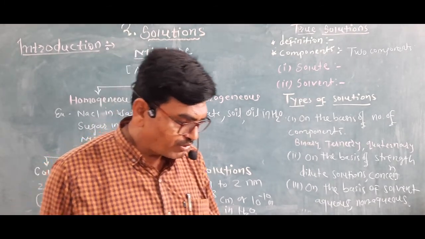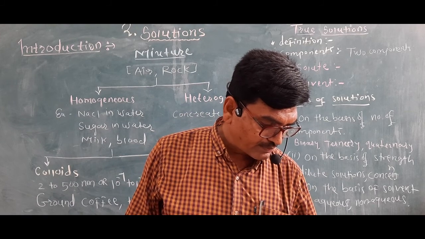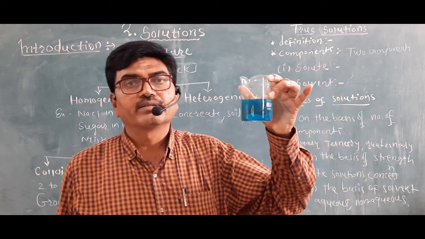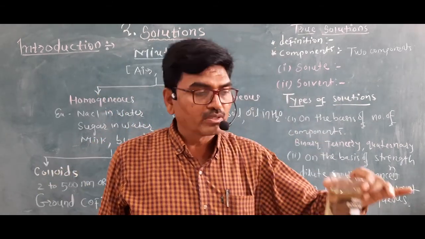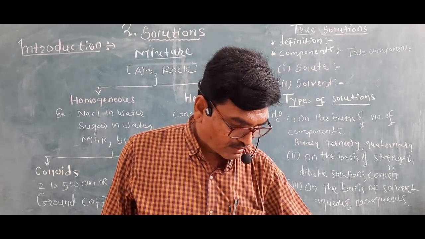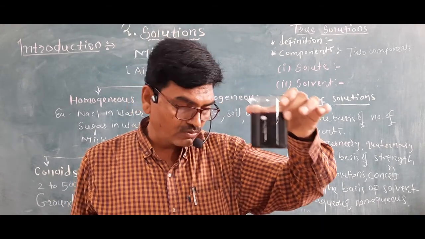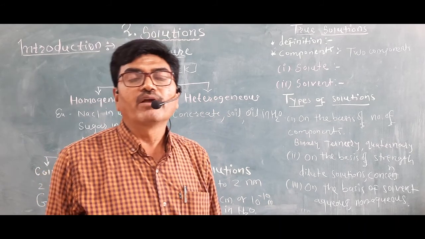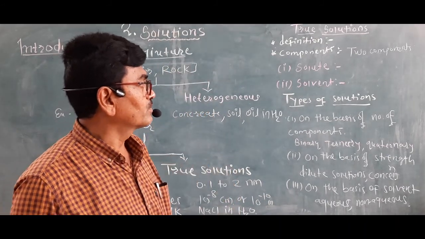So here I will show you a few true solutions. See here, this is the solution of copper sulfate in water, or ferrous sulfate solution, green in color. We know KMnO4 solution, potassium permanganate solution, violet. So in this way, we are familiar with various types of solutions.